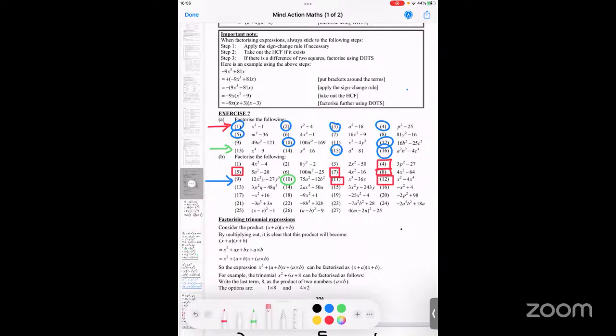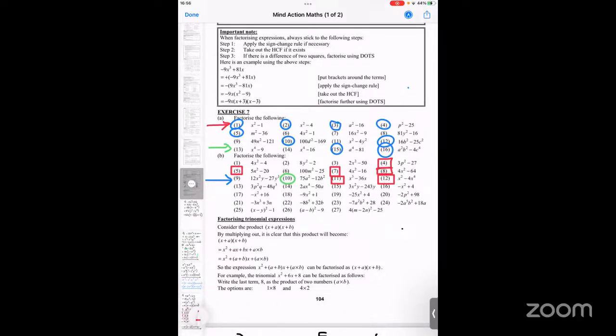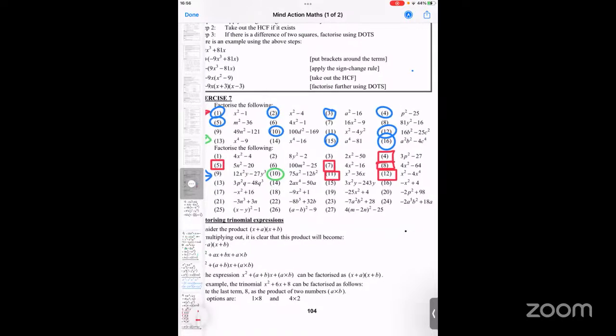You still remember the homework from yesterday, isn't it? The homework from the lesson that we did yesterday. Remember yesterday you took a screenshot towards the end of the lesson. Yes, okay. Just help me here, Langelihle. Which other questions did we do for today? I'm trying to circle the ones that we did.